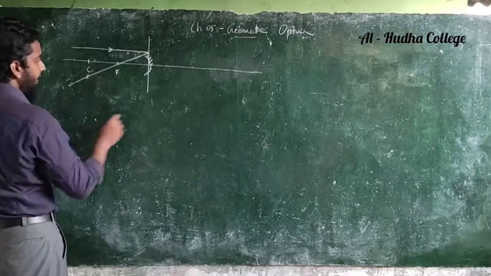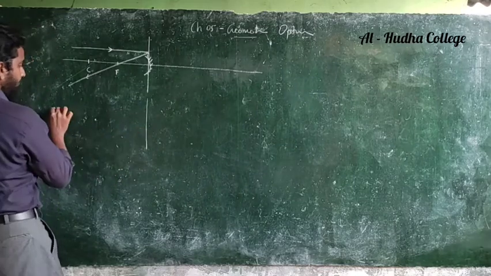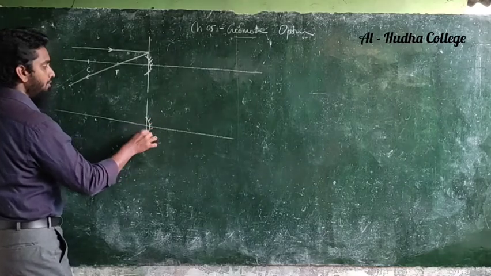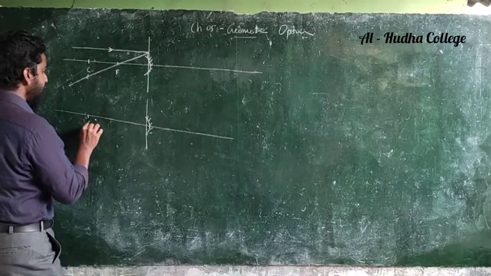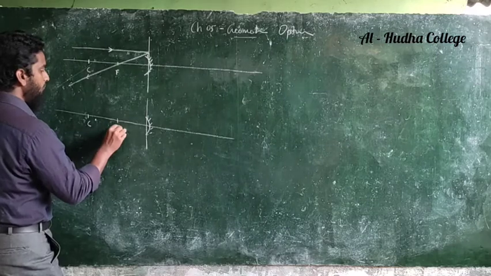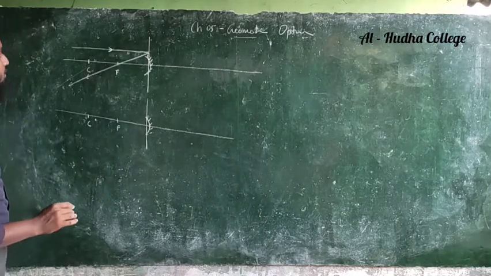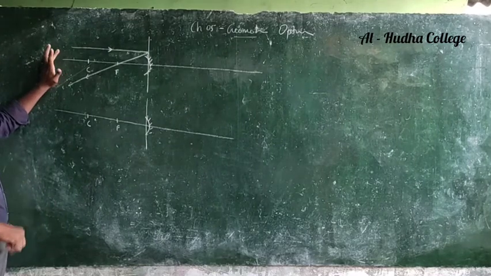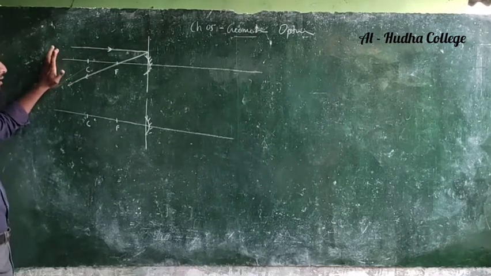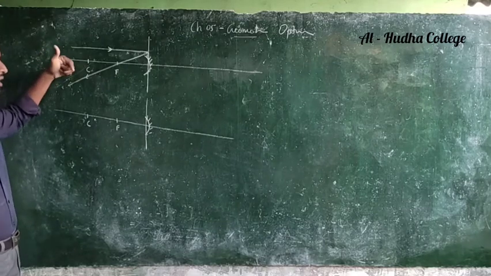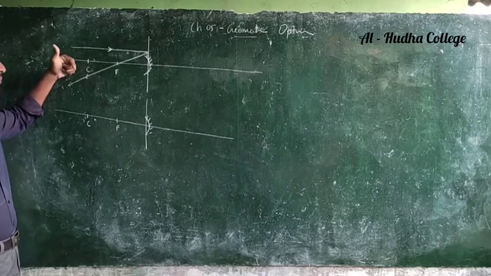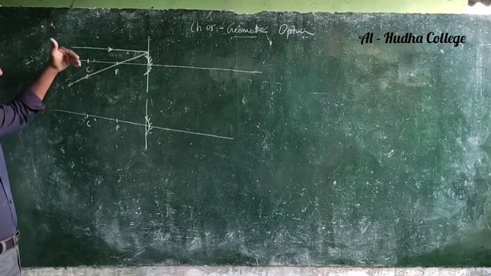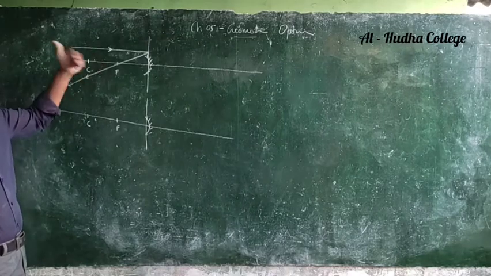The second basic ray diagram for the concave mirror, I take this as the center of curvature and the focus. You should know the light has a character. If you return the light along the path it has traveled, the light will travel the same path again.